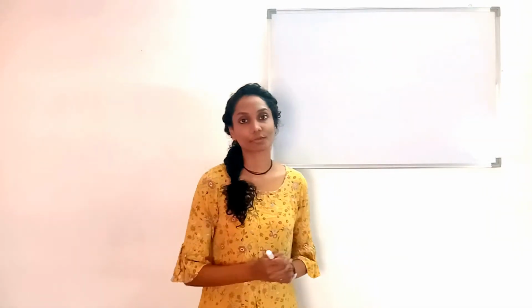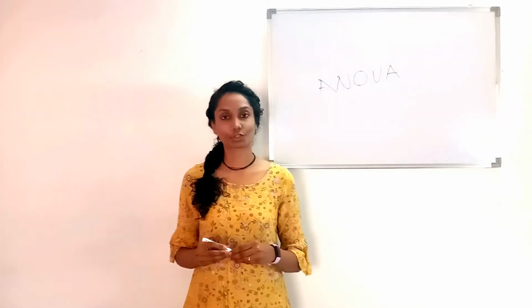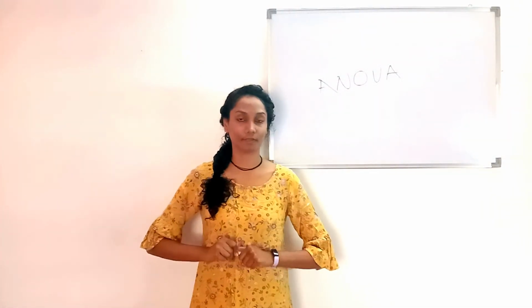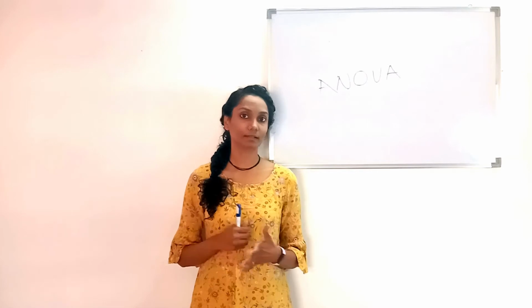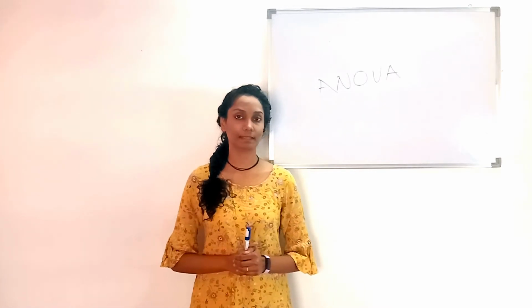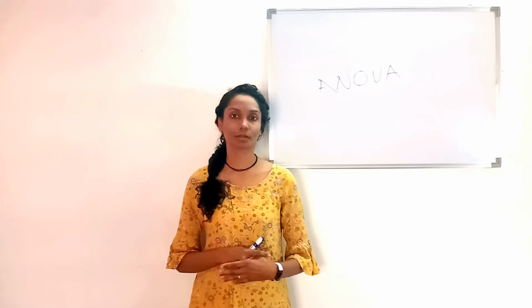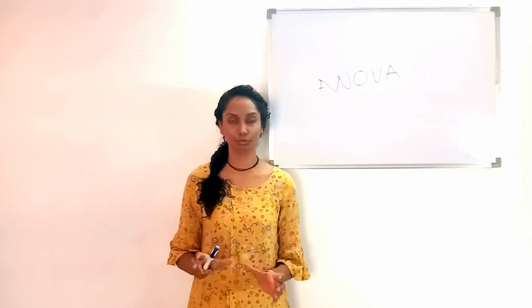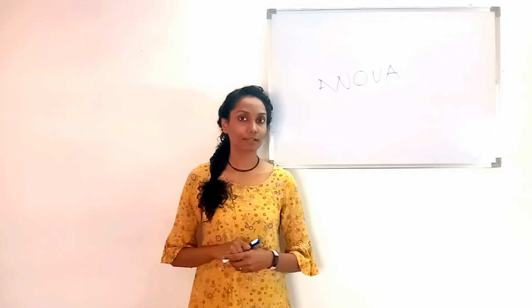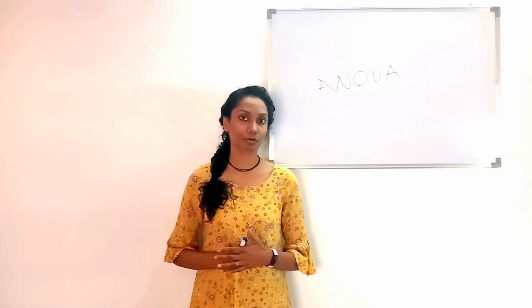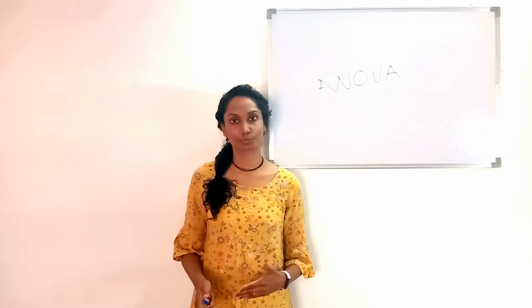The next one is called ANOVA. It is short for analysis of variance. So we know that a t-test is used to compare means of two groups, and an f-test is used to compare the variances of two groups. ANOVA is used to compare the means of more than two groups.